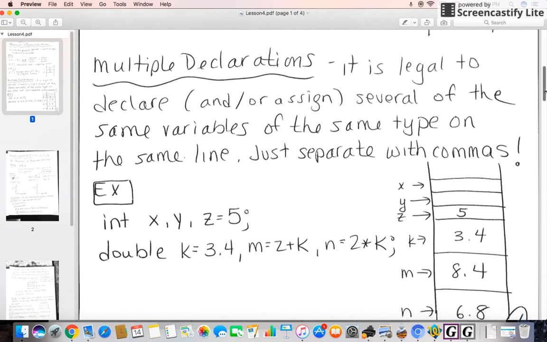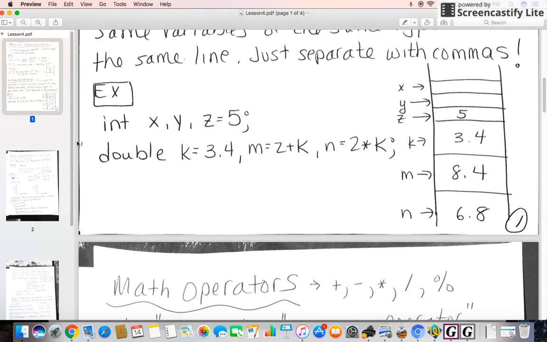One cool thing you can do in Java is make multiple declarations. It is legal to declare and/or assign several variables of the same type on the same line. Just separate them with commas. For example, I can make a statement like this: int x, y, z = 5.